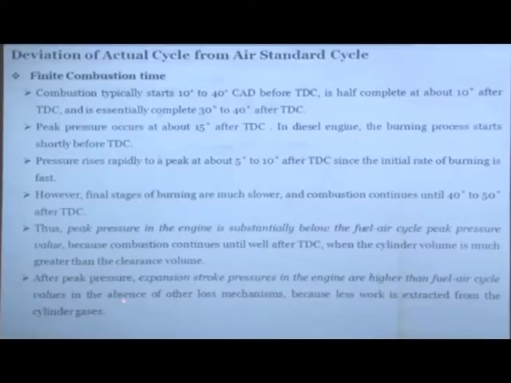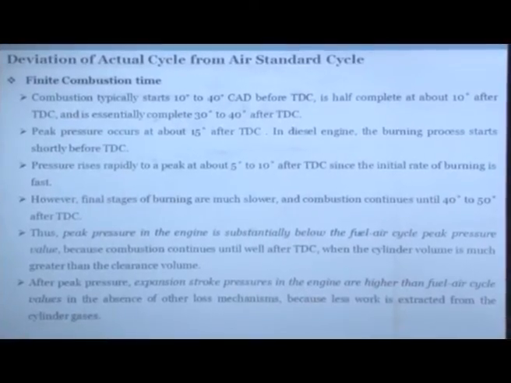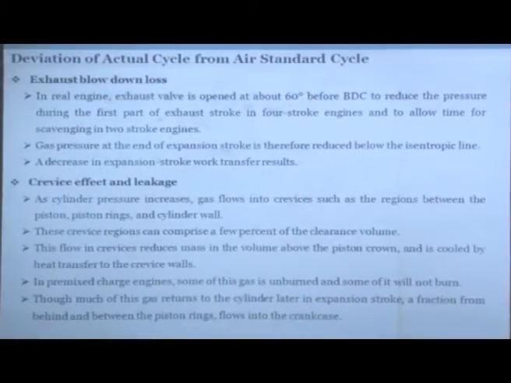After the peak pressure, expansion stroke pressures in the engines are higher than fuel-air cycle values in the absence of other loss mechanisms, because less work is extracted from the cylinder gases. And then you have exhaust blowdown. In the air standard cycle, we assumed that we open the exhaust right at BDC. But in a real engine, the exhaust blowdown process is not instantaneous; it takes time.